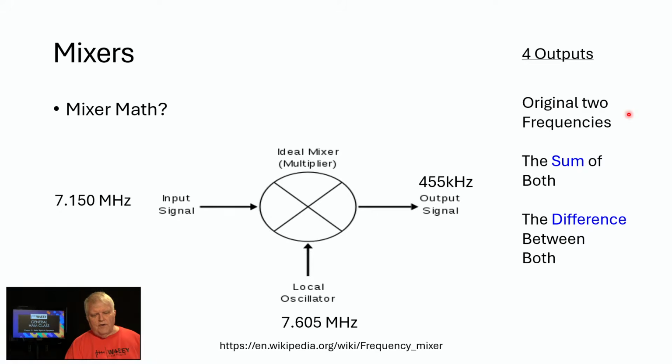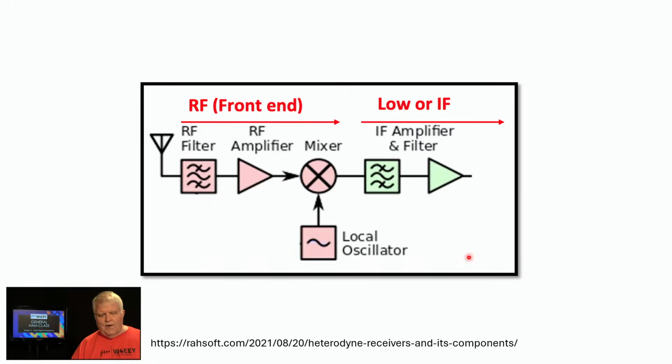The original 2 frequencies, the sum of both, and the difference between both. In this case, if you get a calculator out and take this frequency minus this frequency, you'll find it's 455 kilohertz. And that's the one we want, and we would put filters at that point to only allow 455 kilohertz on through to the next stages of the radio.